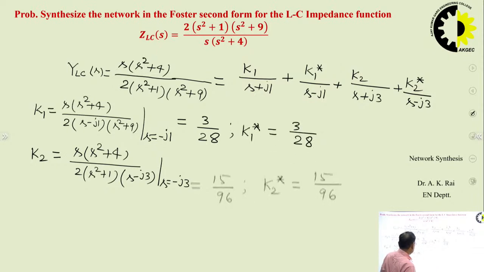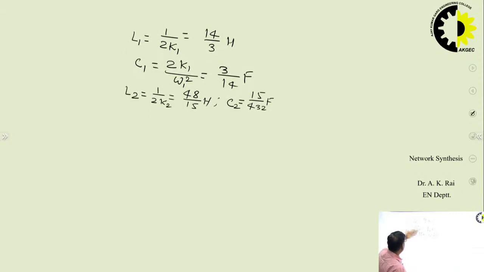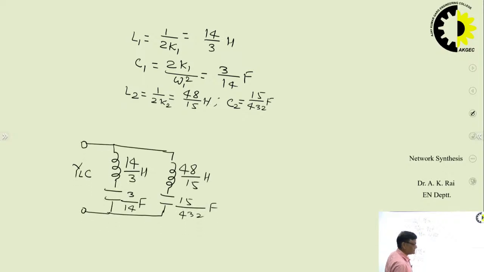So we can find the K1, K2, and then we find the L1 as 1 by 2 K1 and C1 as 2 K1 by omega n square, and this is the structure of the Foster second. So L1 C1 in series, L2 C2 in series, and they are in parallel. So we are carrying out the removal of conjugate imaginary poles, there are 2, so there will be 2.